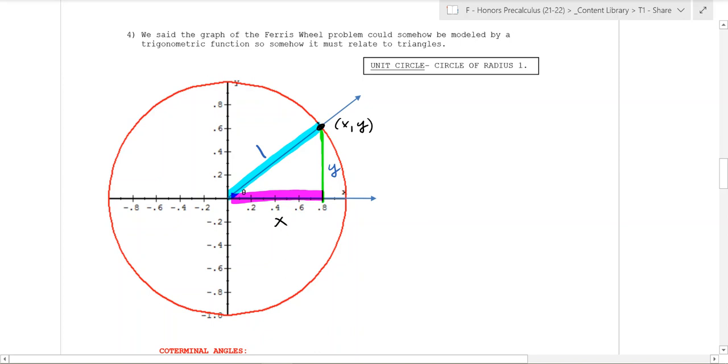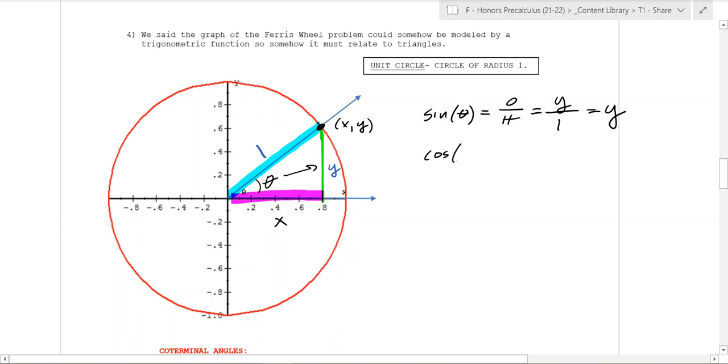So what this means is when you're working with this triangle, you can find the sine and cosine of this angle right here. So if this right here is theta, the sine of this angle, again, is opposite over hypotenuse. The opposite side from theta is y, so it's y over the hypotenuse, which is 1, so the sine of this is just y.